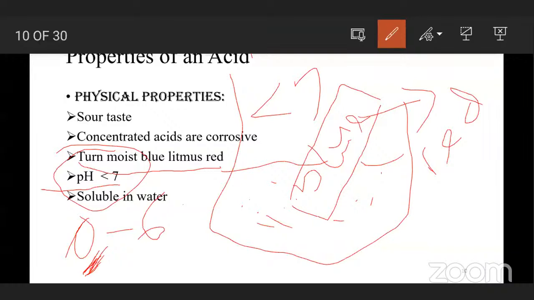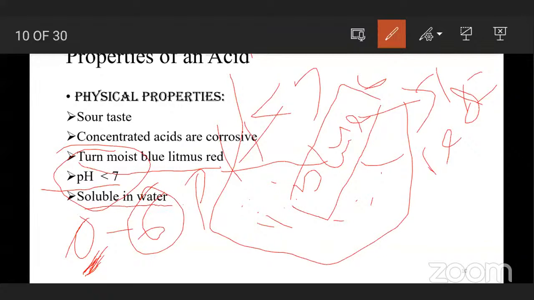But basically, a concentrated acid may have a pH tending towards 0, 1, 2, 3, and a dilute acid may have a pH of around 4, 5, 6. Acids are also generally soluble in water, especially acids that have an ionizable hydrogen ion in them.